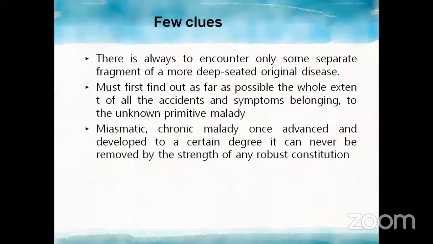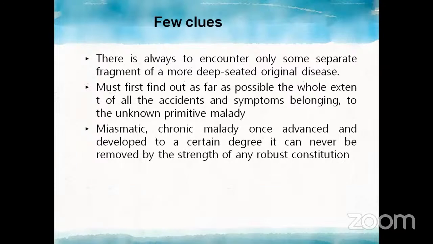So there were certain clues coming to him. He came to the clues that one always encounters only some suspected fragment of a more deep-seated original disease, and he must find out, as far as possible, to the whole extent, all the accidents and symptoms belonging to the unknown primitive malady. The miasmatic chronic malady, once advanced and developed to a certain degree, can never be removed by the strength of a robust constitution.